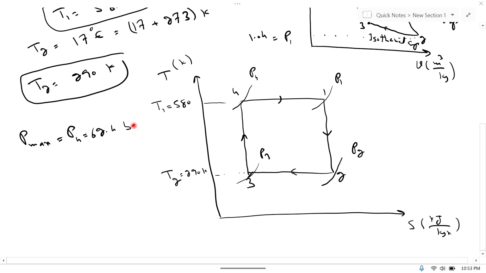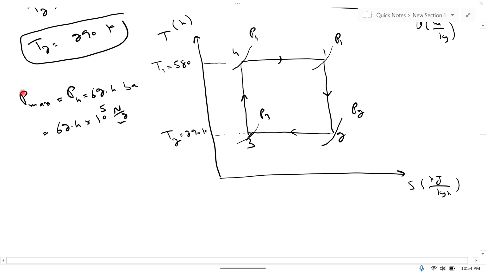Convert this value into Pascal. 1 bar is equal to 10 power 5 Pascal, and Pascal is equal to Newton per square meter. It means that 1 bar is equal to 10 power 5 Newton per square meter, so this is 6,240,000 Newton per square meter.